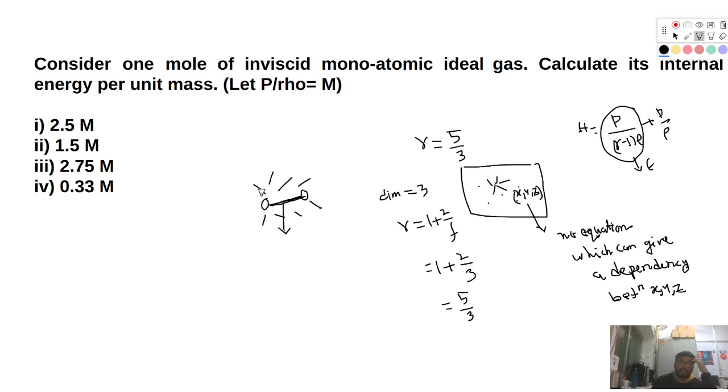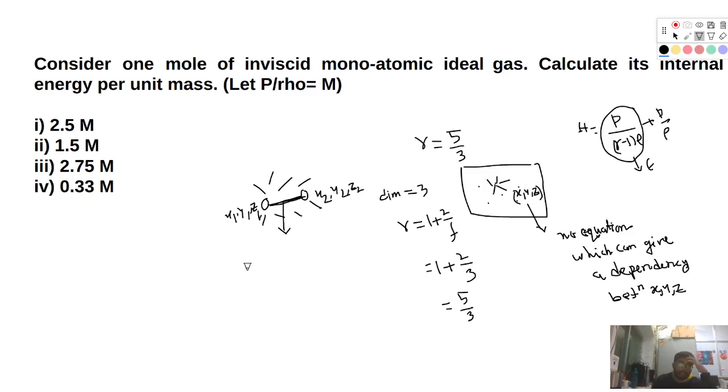So if one atom has x1, y1 and z1, and the other x2, y2 and z2, then x1, y1, z1 change with time as it moves in different directions, and x2, y2, z2 also change with time.